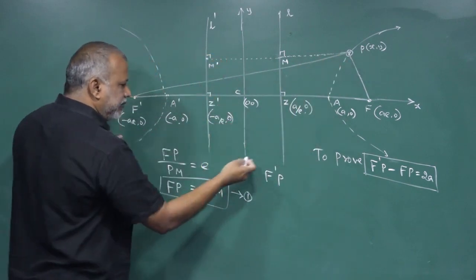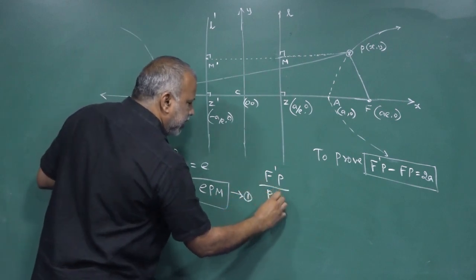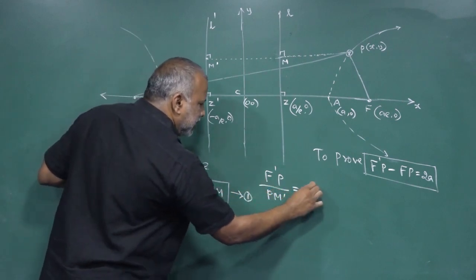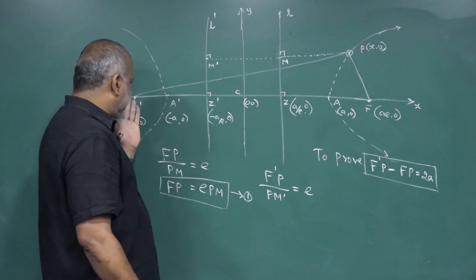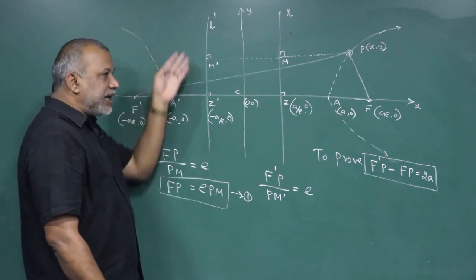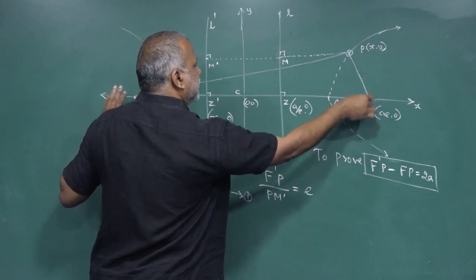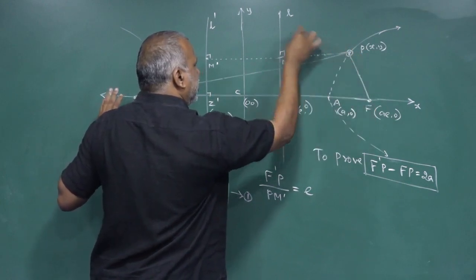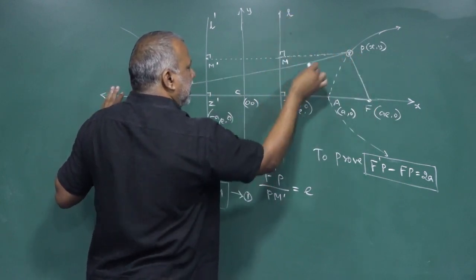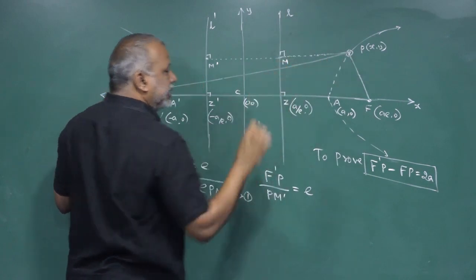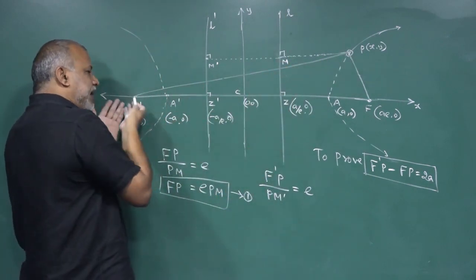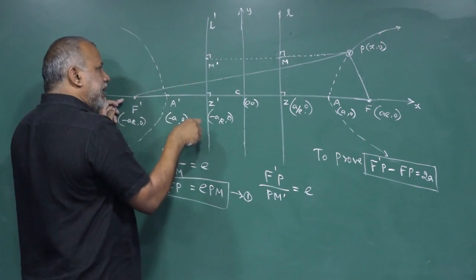So here F dash P divided by P M dash, that is also E. So we are taking the second focus and the second directrix. Here FP by PM: F is the first focus, P is any point on the hyperbola, then PM is the length of the perpendicular to the first directrix. Instead of that, we are taking the second focus and second directrix.